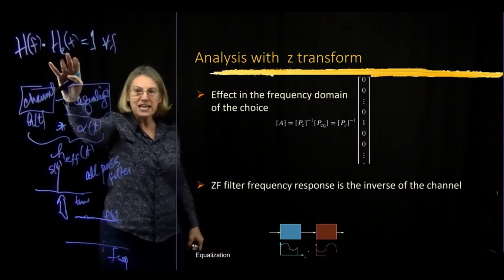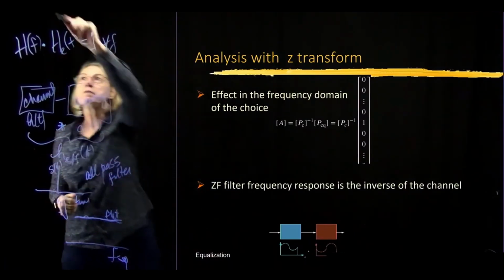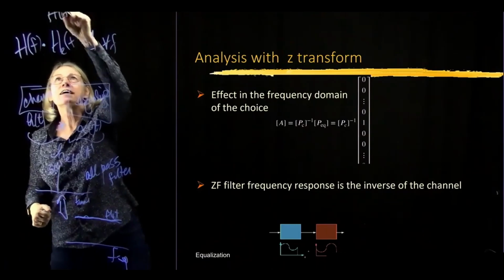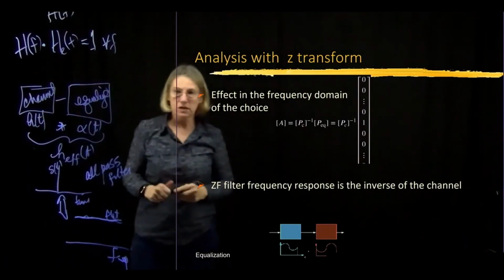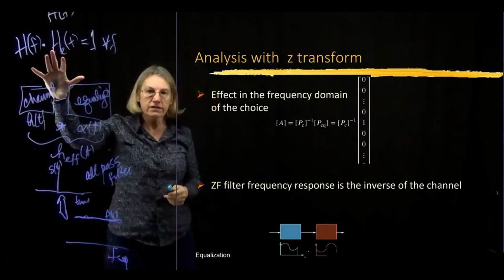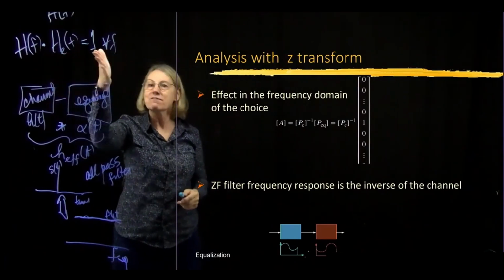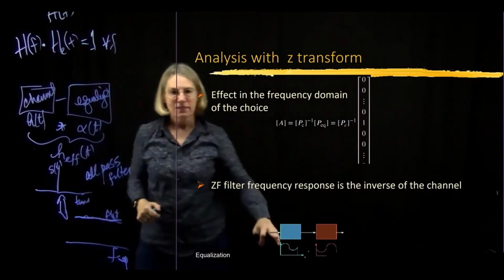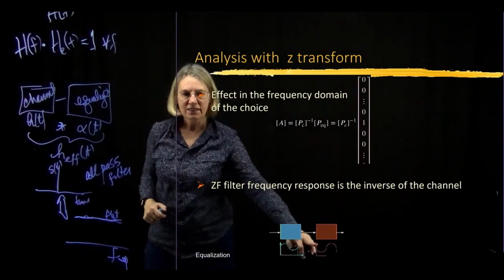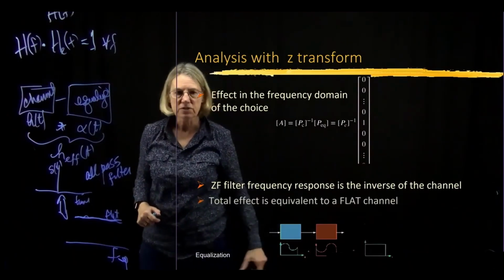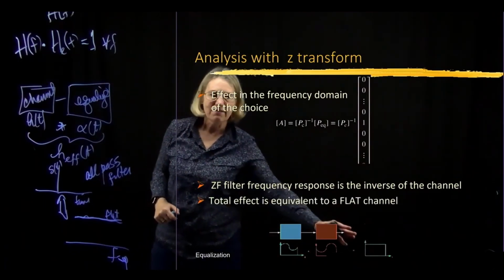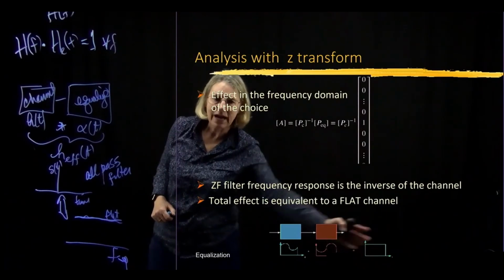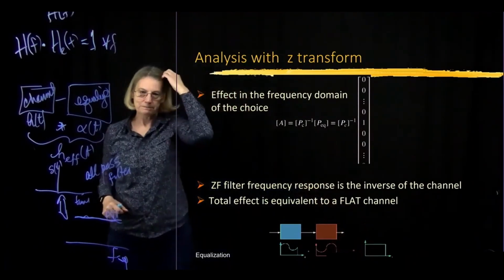I'm looking for this equalizer to just be h of f inverse. Because if it's 1 over h of f, then when I multiply together, I get 1. So this is my channel, this is my equalizer frequency response, and when I have the total effect of the two of them, I get something that's flat.